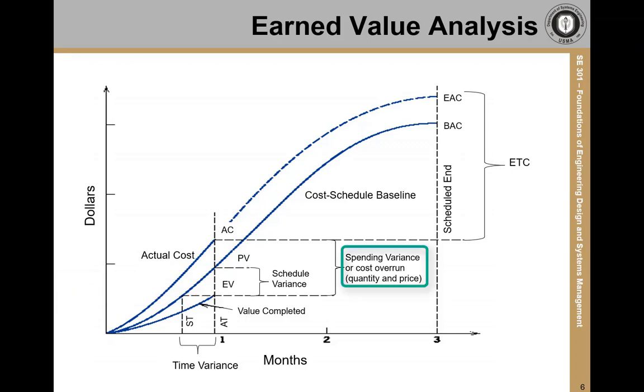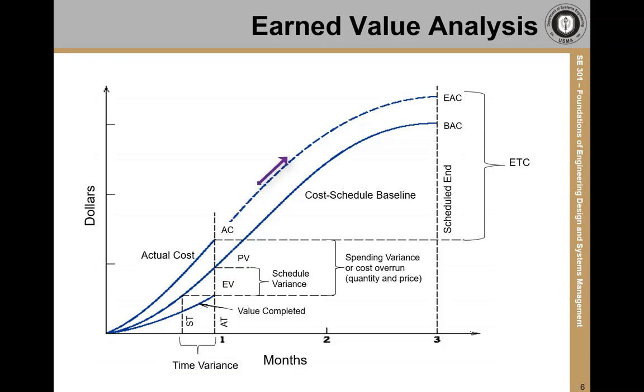The spending variance, or cost variance, is the difference between the actual cost and earned value. And the schedule variance is the difference between planned value and earned value. Both of these variances are in terms of value, and so are dollar amounts. The difference between actual time and time scheduled is called the time variance.